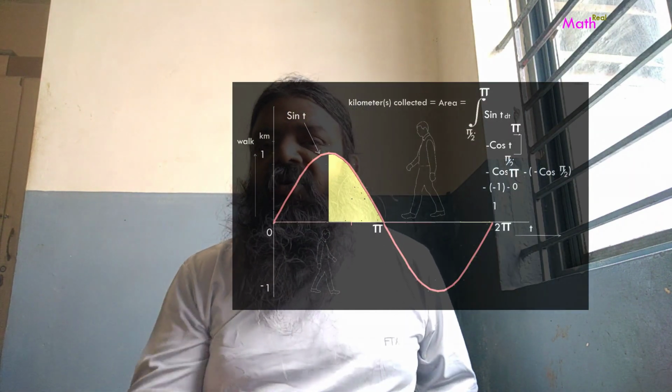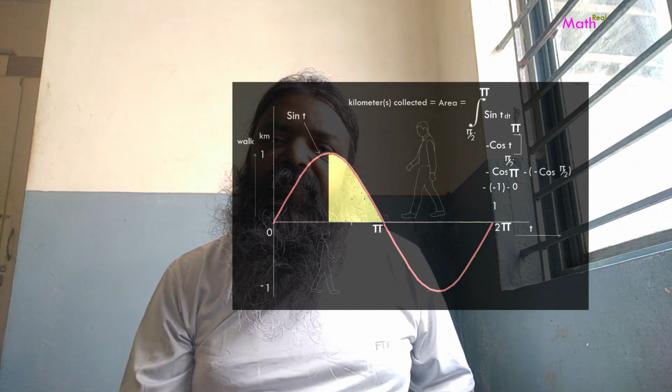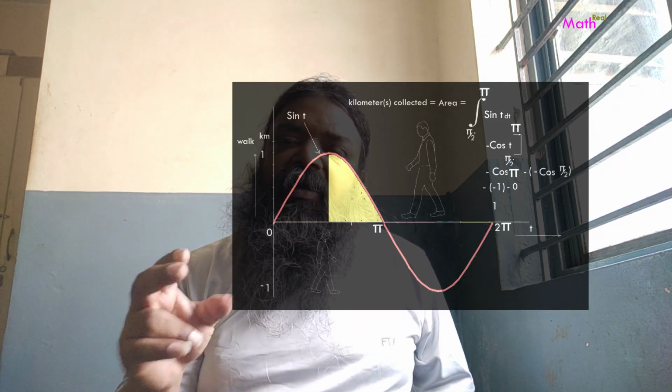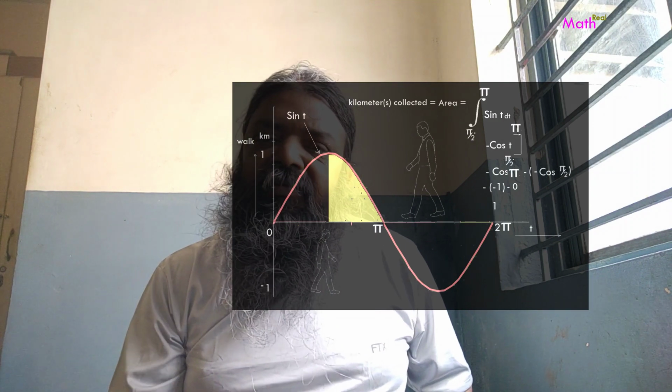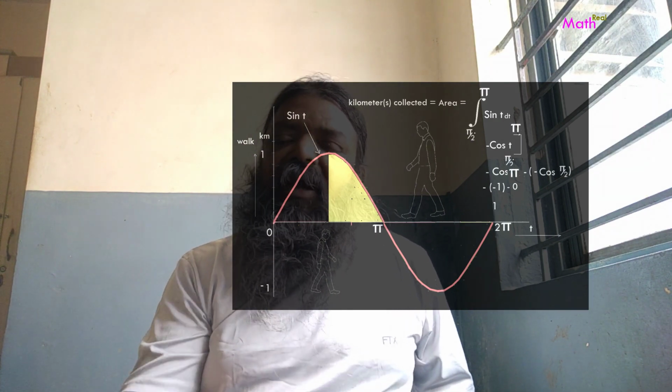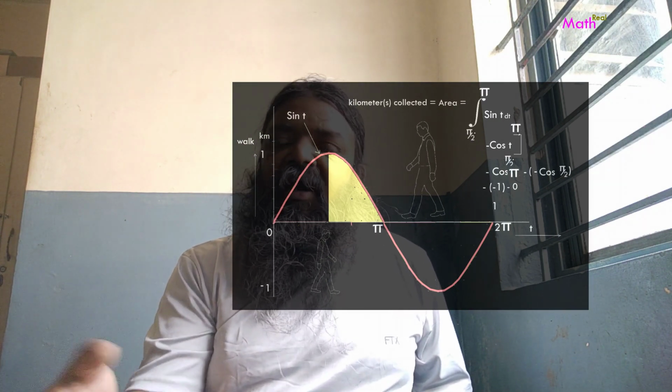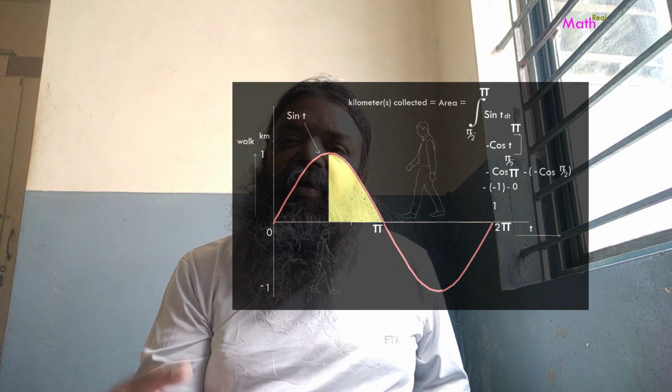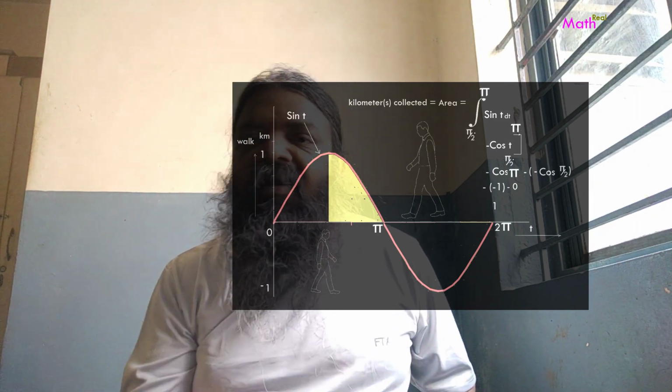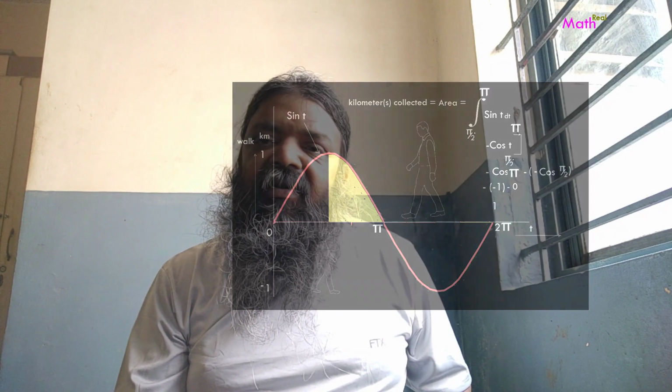Then collection of kilometers means he is collecting some kilometers in 1 unit of time, next unit of time, next unit of time. So in the unit of pi by 2, he is collecting 1. Means that is his collection kind of his tendency. Then he is decreasing the collection, and at the pi he stops.